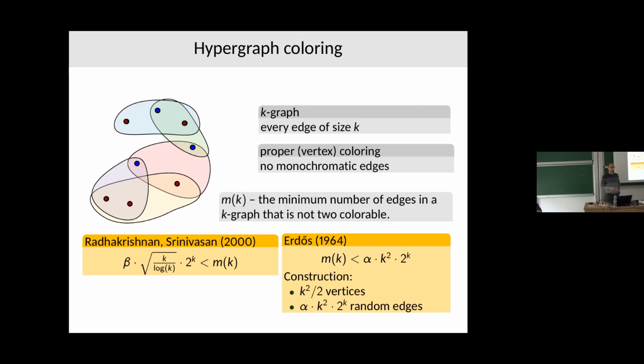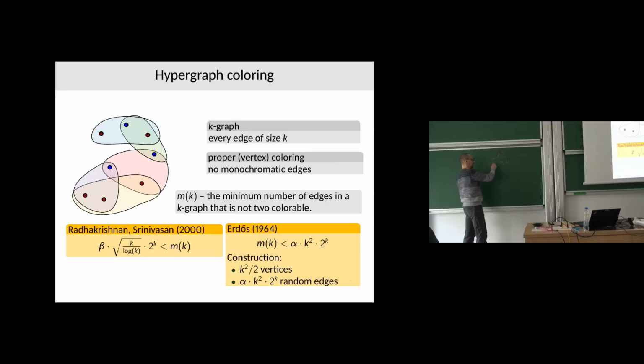Where the number of vertices should be quadratic, and this is just because if you can show that if the number of vertices is like k²/log with some coefficient here, then you can improve the lower bound.